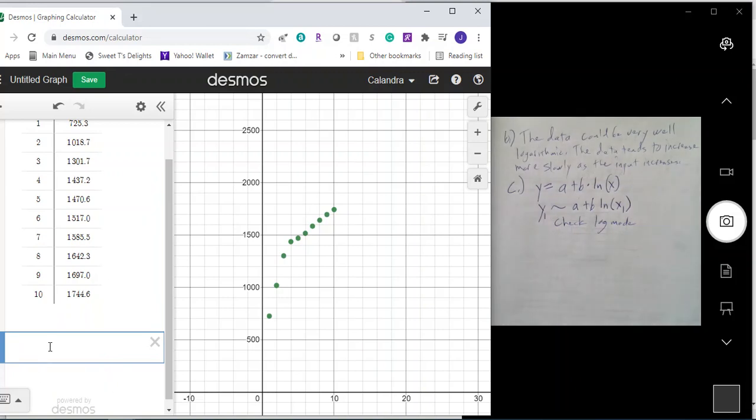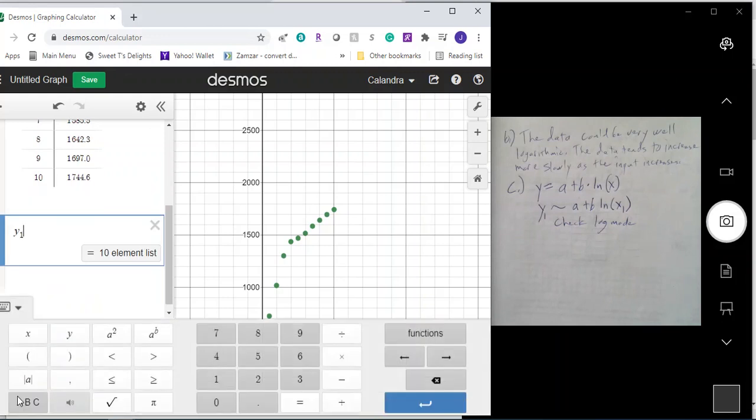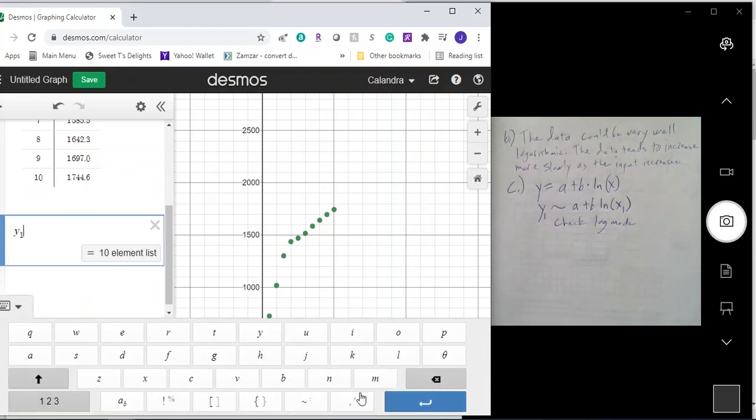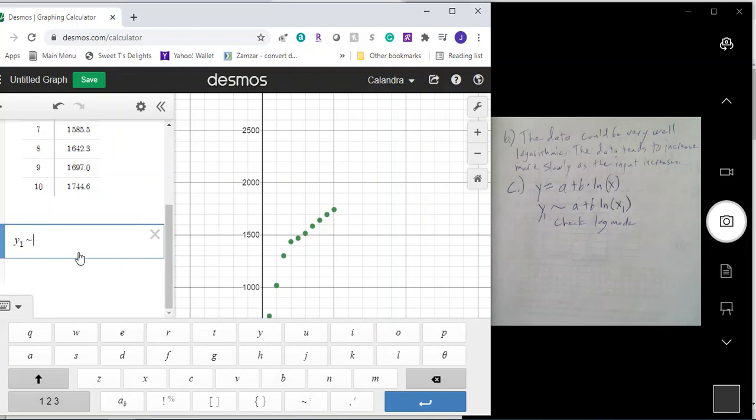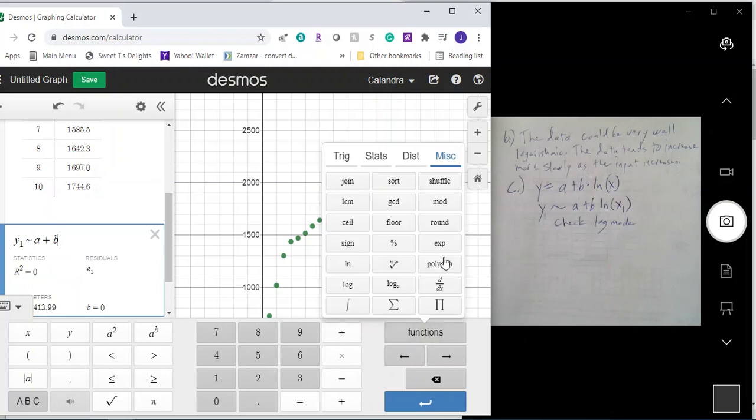Okay, so let's go through it. You have y1, then we hit on the keypad, then we will go to our ABC and hit the tilde, and then we will have a plus b. Then we need to hit the 1, 2, 3 to go back here and click on functions.